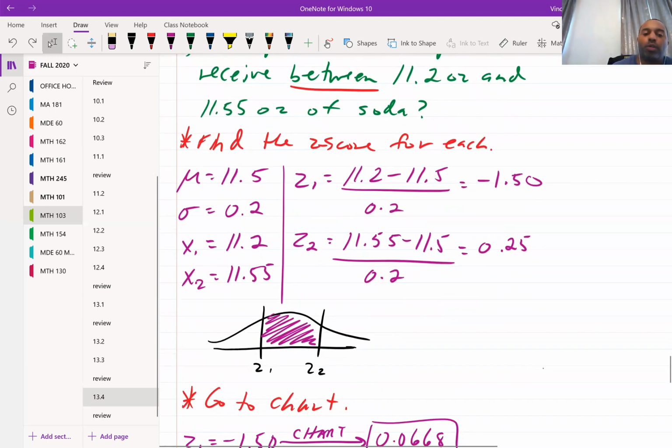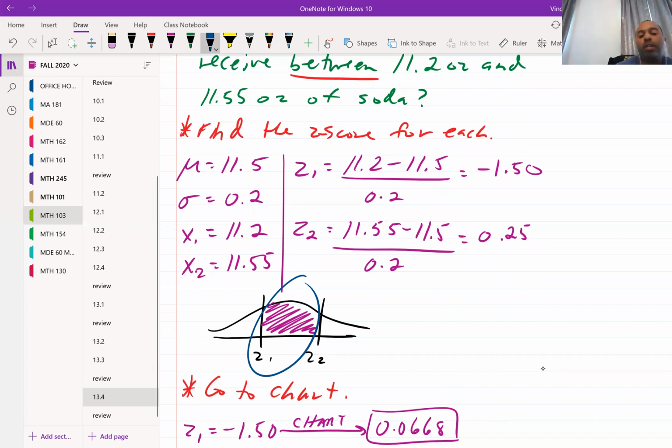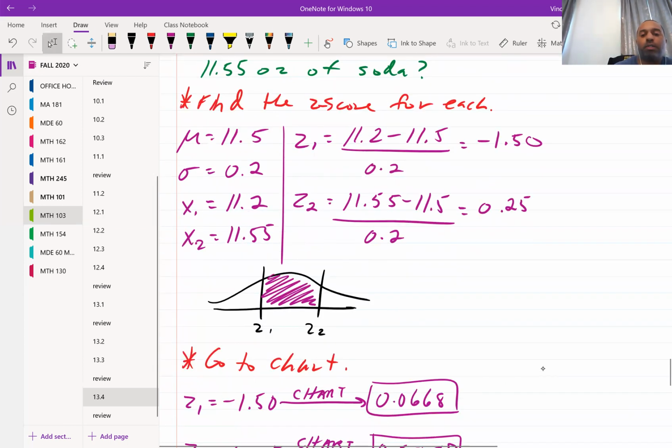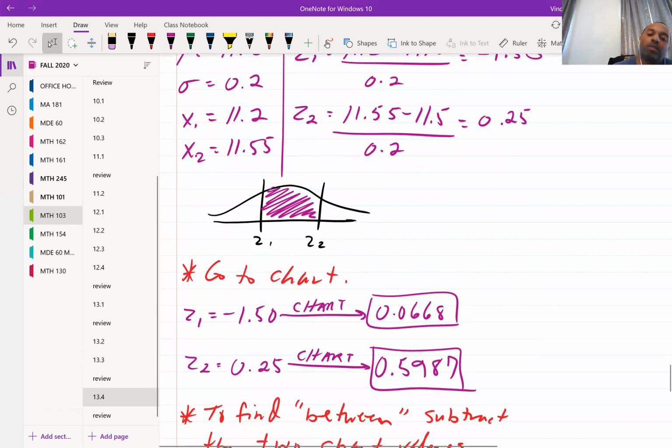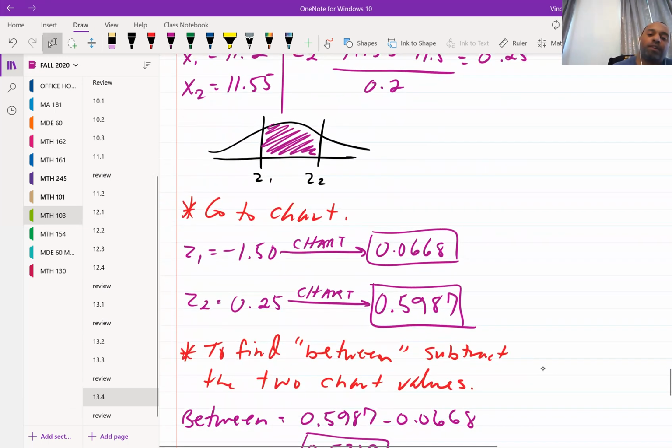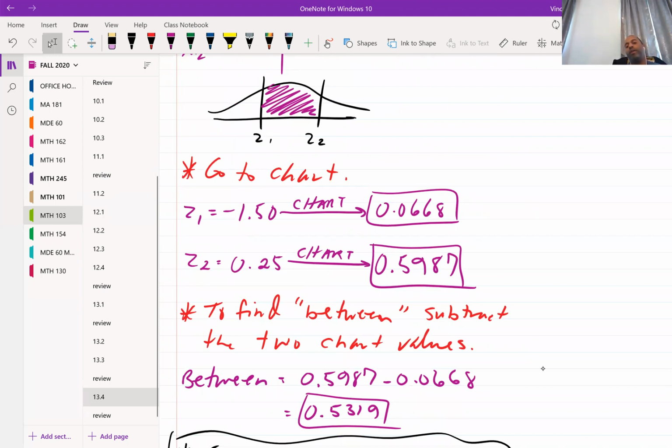All right, so we want to know the amount of data between both of these z-scores. Go to the chart, get the 2 chart values, the chart value for each z-score. Then to find between, we'll subtract the chart values from each other.